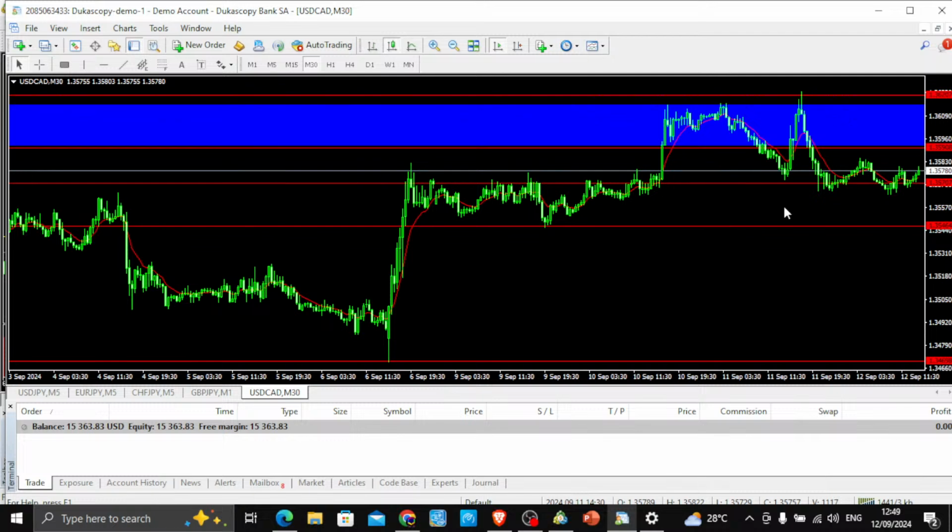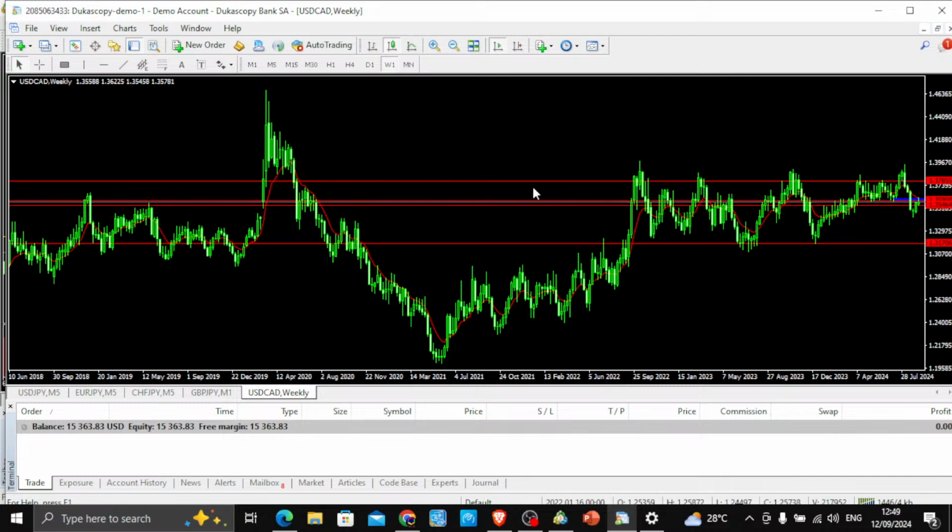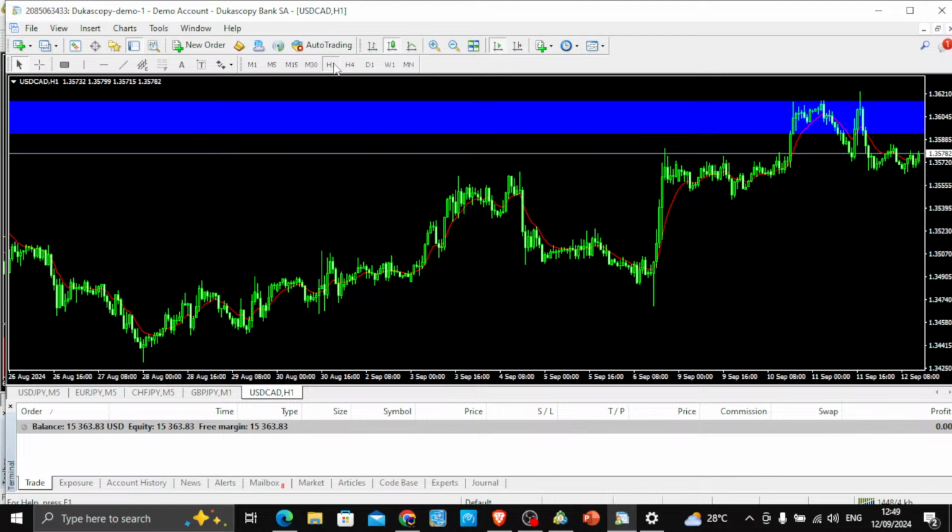Let us recap. What we do, we go to weekly. Let me remove all these horizontal lines. Okay, that's it.